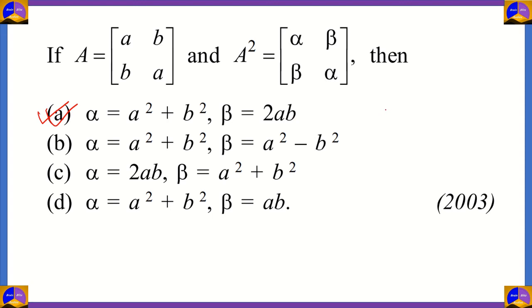This question is based on matrix multiplication. So if you can multiply two matrices correctly, then the answer is very simple. So once again, the matrix has to be multiplied based on the 7 method, one row multiplied to the other determinant's column.